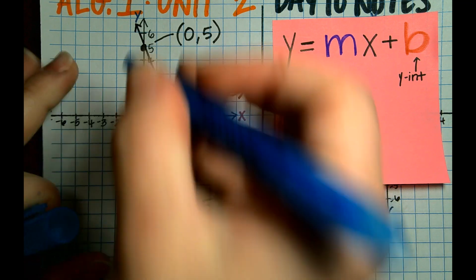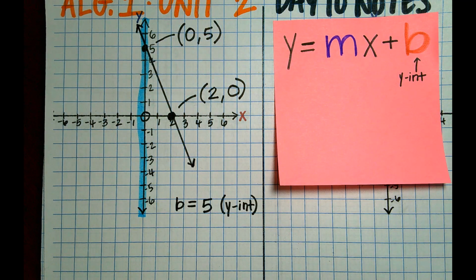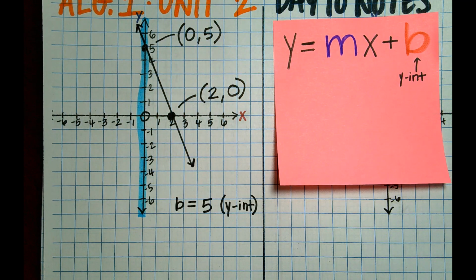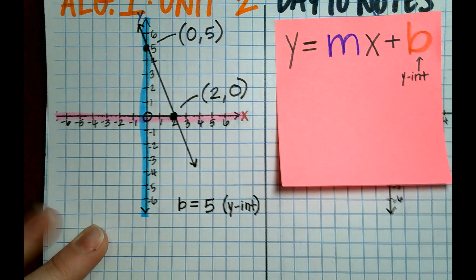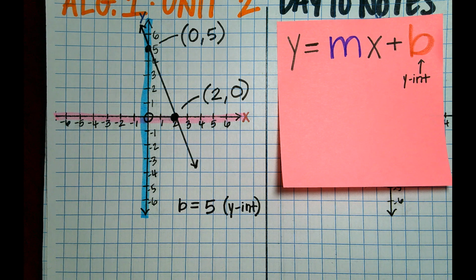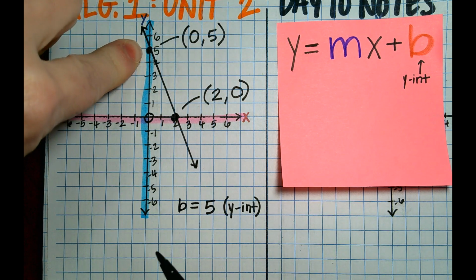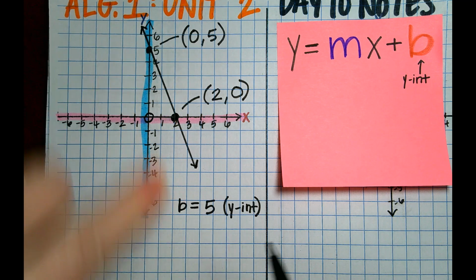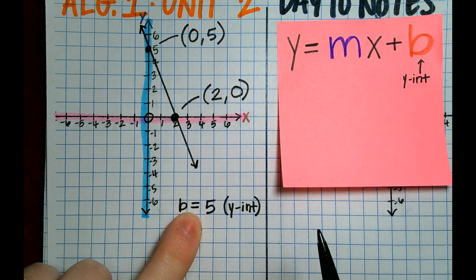And gosh, guys, you know I'm a big fan of colors. If labeling your axes with colors helps, do it. So I'm going to make my y blue, and I don't have a red highlighter, but I got a pink one. My x is pink. Okay. So you can see that point is touching the blue line, the y-axis, and it's touching it at 5. So my y-intercept is 5. My b is 5.